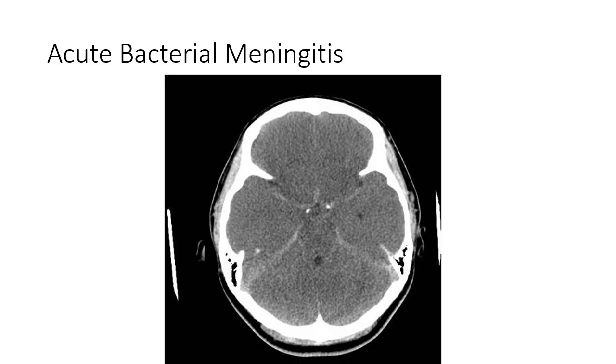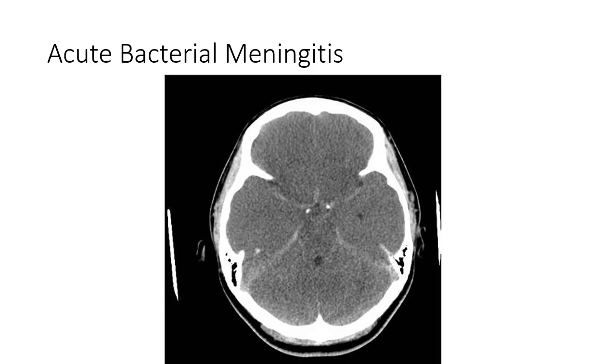So there's severely increased intracranial pressure. And in addition, there's a more homogeneous appearance to the parenchyma that's visualized here. In other words, there's a bit of loss of the gray-white differentiation, as the parenchyma is more uniform in color.